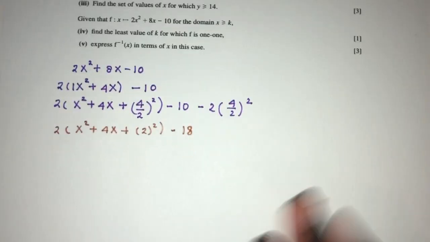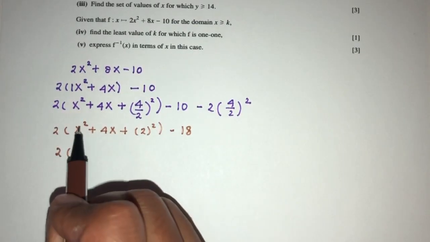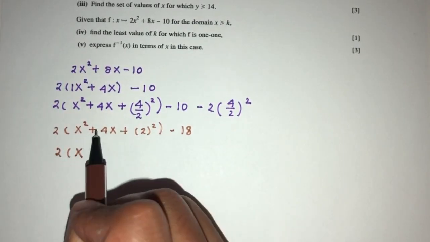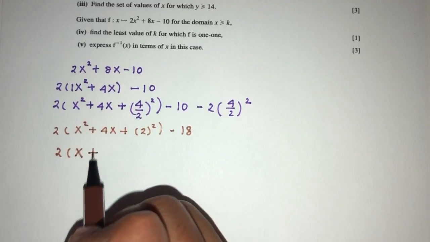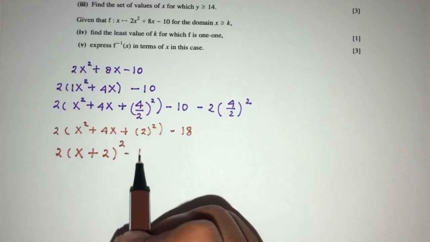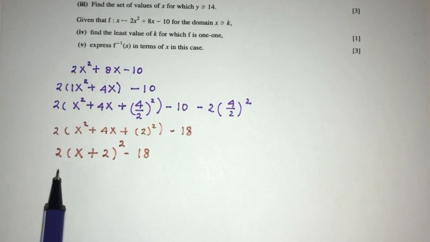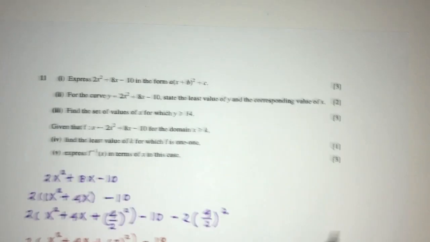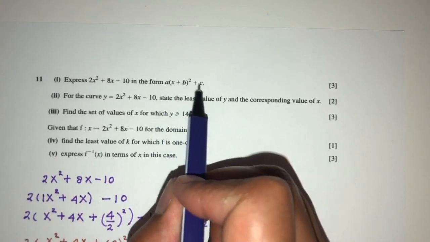So simplify. This will give you 2 here, and here we have x, plus, and inside we have 2. Here we have square, and minus 18. So this will be your completed square form, which is a(x plus b) squared plus c.